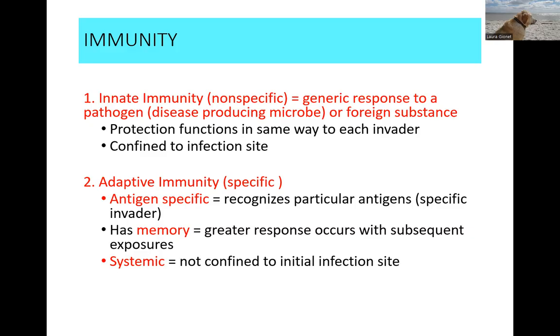It's more general. These systems are initiated whether you get exposed to a bacteria, a virus, or you twist your ankle even, because that's going to be part of the inflammatory process. The same reactions are going to occur, or the same physiological responses are going to occur.